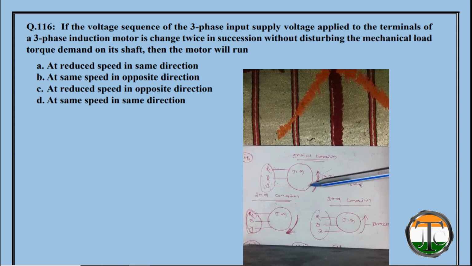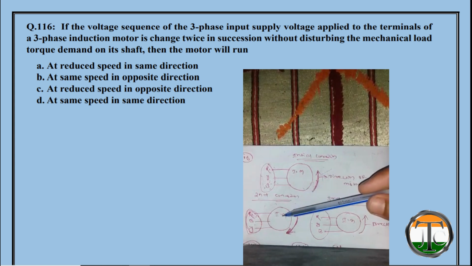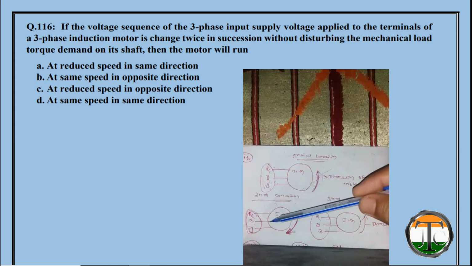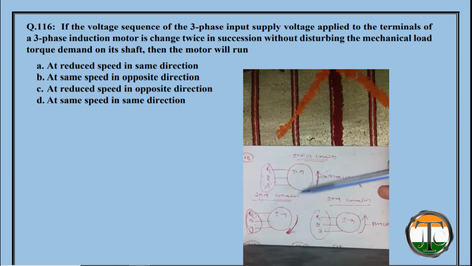Initially there is RYB, and the first time we change to RBY. Then we see that the 3-phase motor rotates in clockwise direction, opposite to the initial condition. First the motor rotated in anti-clockwise direction, and in the second case the motor rotates in clockwise direction.